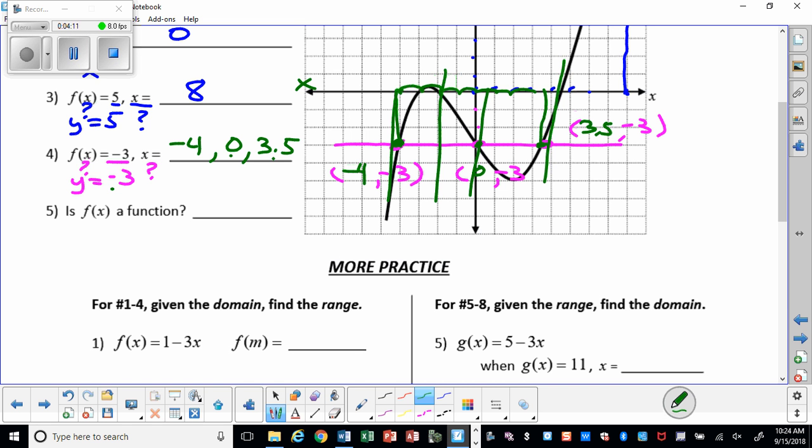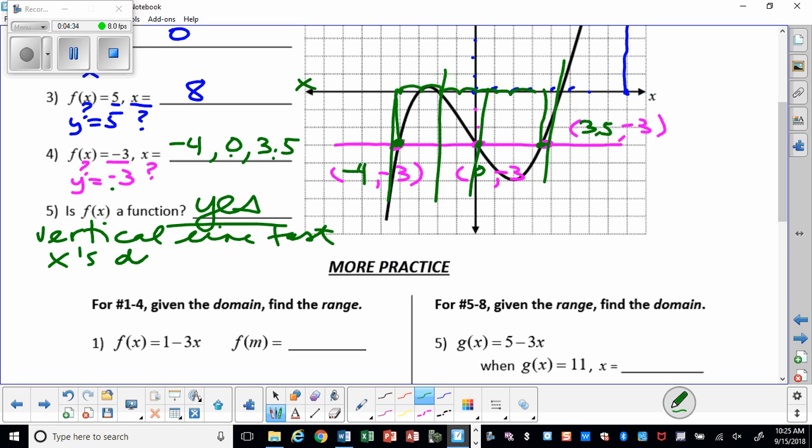If I put in a 3.5, I know I'm going to get a negative 3. So that is a function. Okay, and I could say vertical line test. How do I know? And also the x's don't repeat. Right, I have 3 different x's. That is okay. All right.